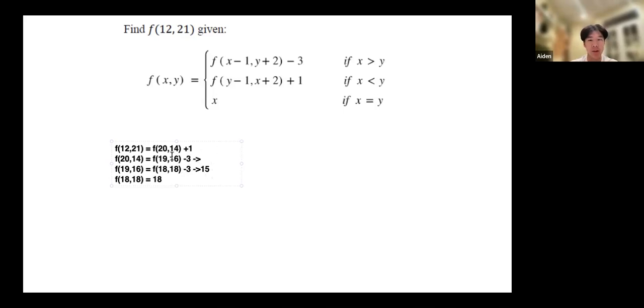Subtracting 3 again, we get 12. And then adding 1, we get 13 as our final answer. Sorry if I confused people by saying that 18 was the answer, but 13 is the final answer for this one.